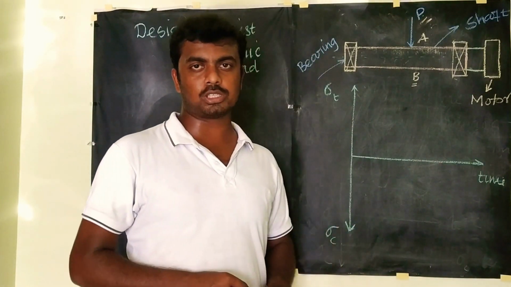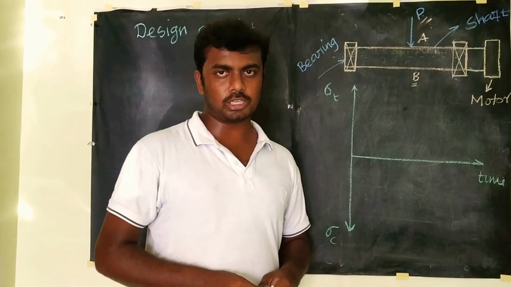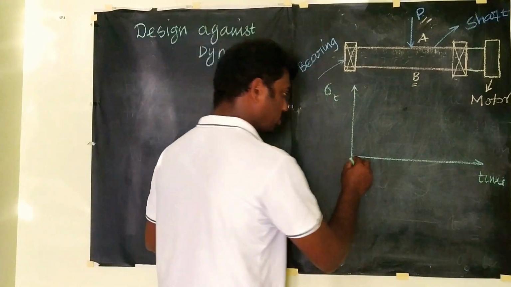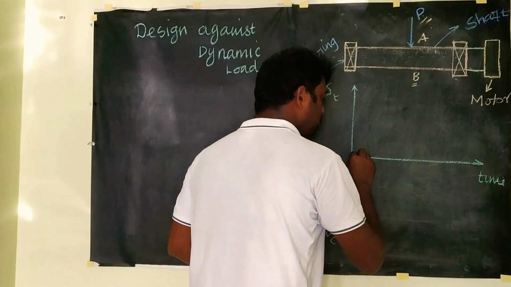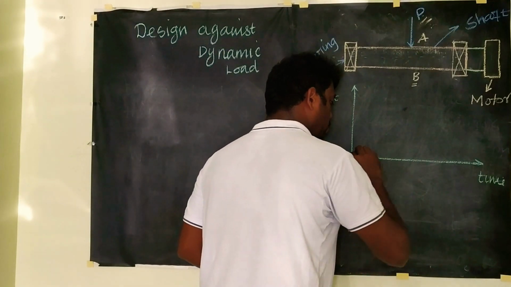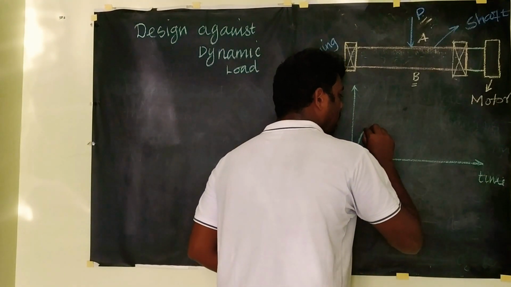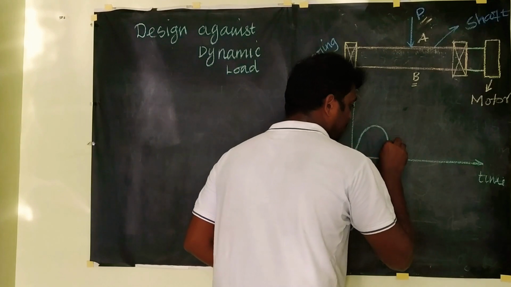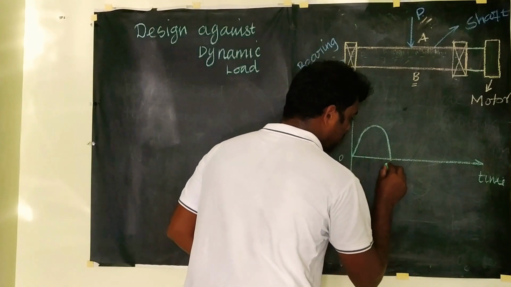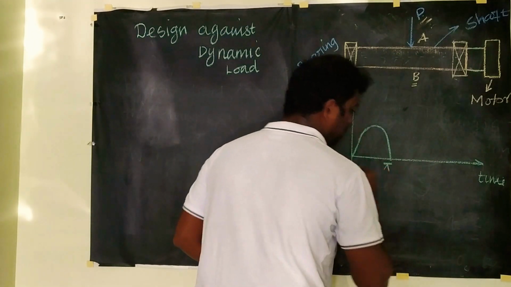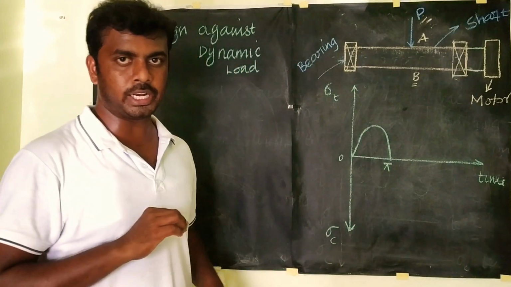So this value changes from 0 to maximum in half of the revolution. This is 0, this is pi in half revolution, 180 degrees.